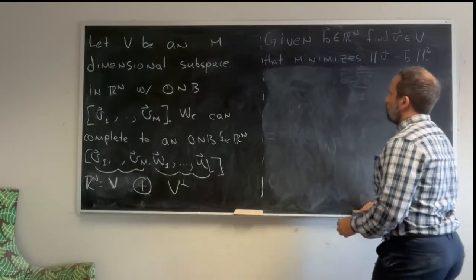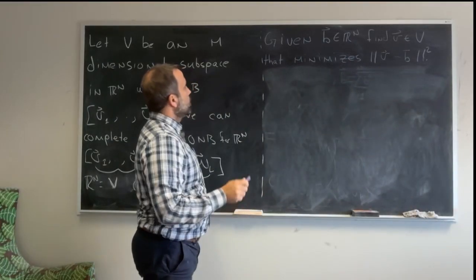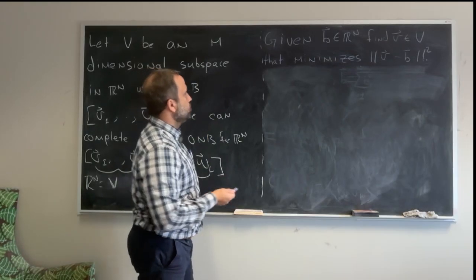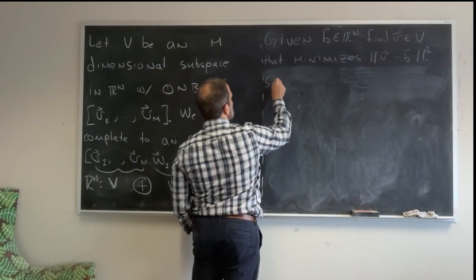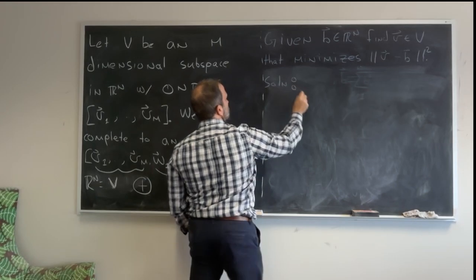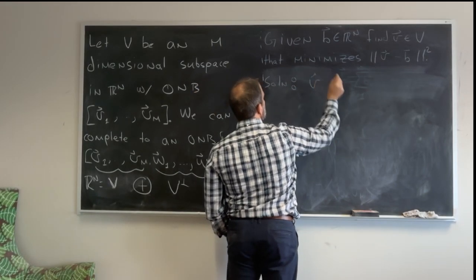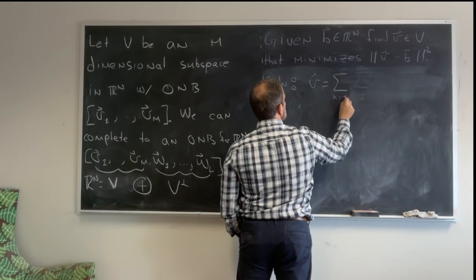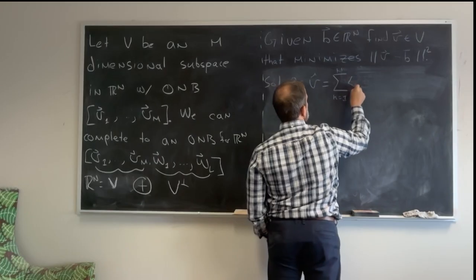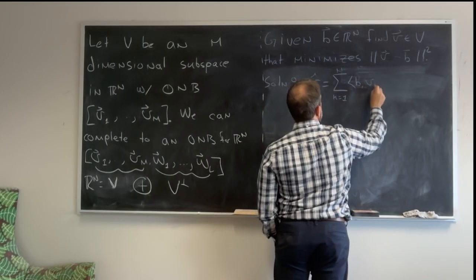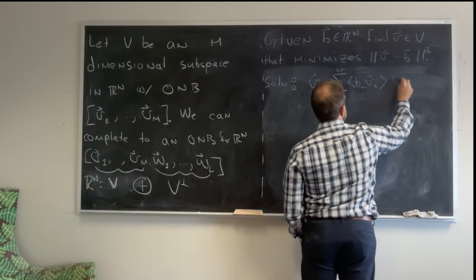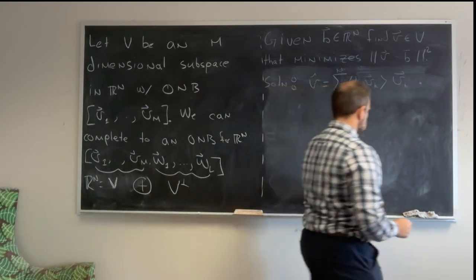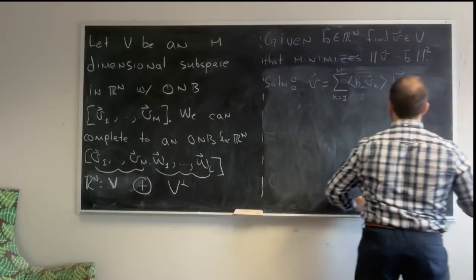What we know is true is that, given a b in Rn, we want to find the v in V that minimizes the norm of v minus b, and the solution is v hat, equal to the sum k equals 1 to n of the inner product of b with vk, times vk.